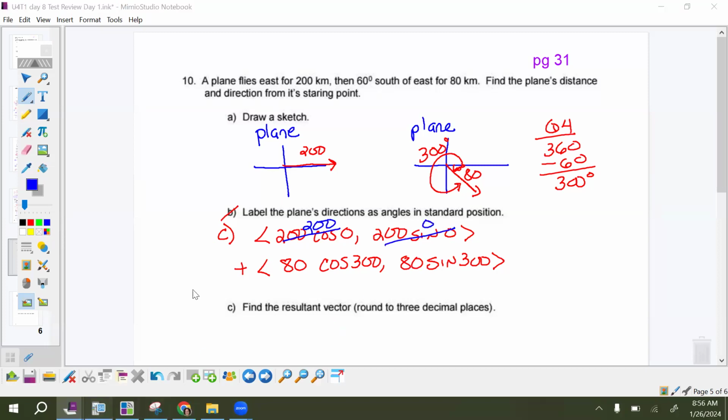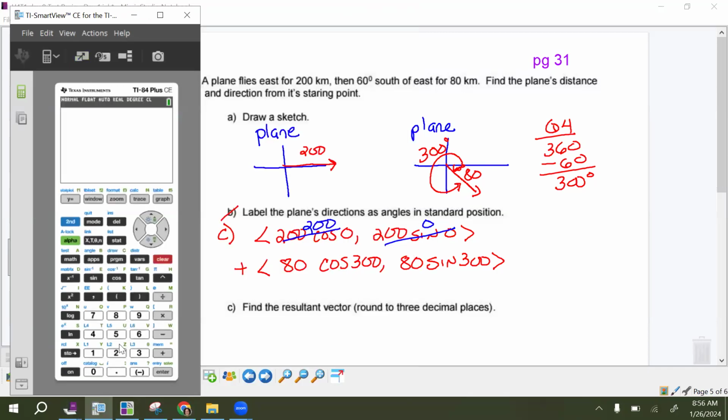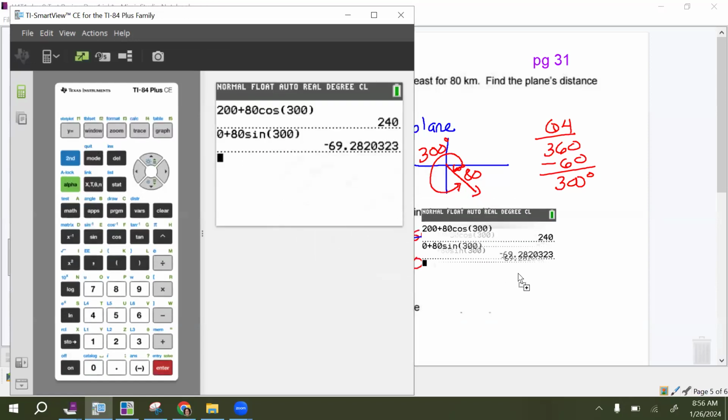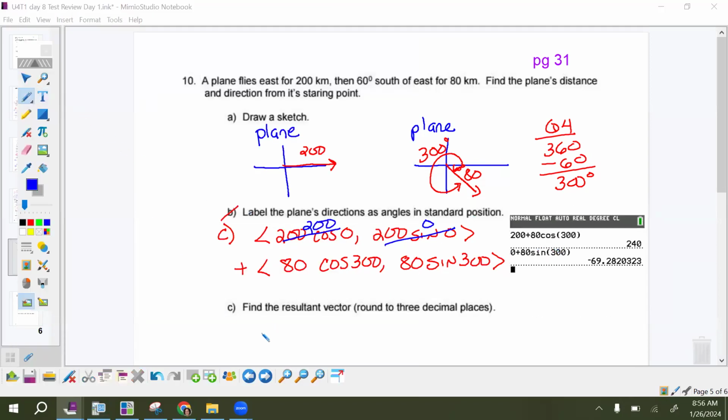It's just left for me to type in my calculator. All right, so we got 200 plus 80 cosine 300, 0 plus 80 sine 300. All right, so our result is 240, comma, negative 69.282.